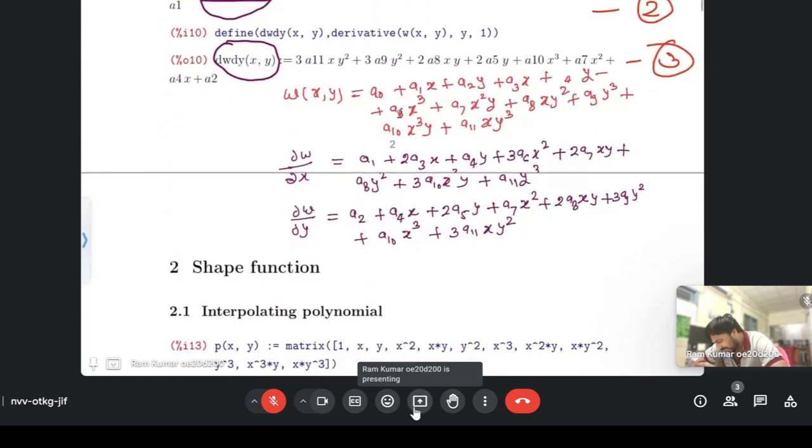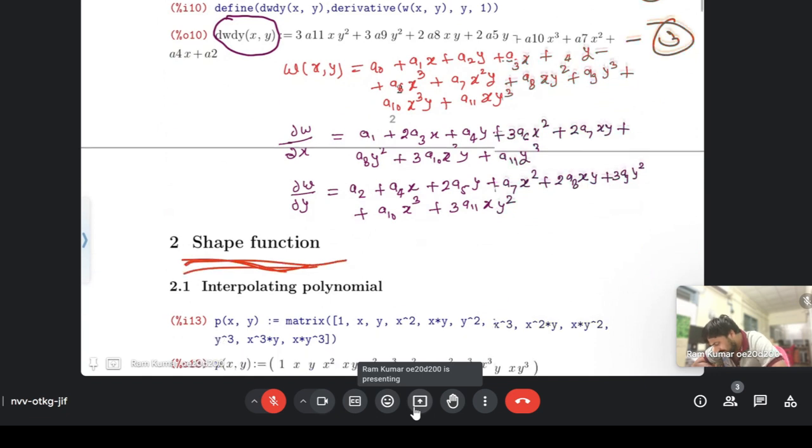Now we are going to find the shape function.